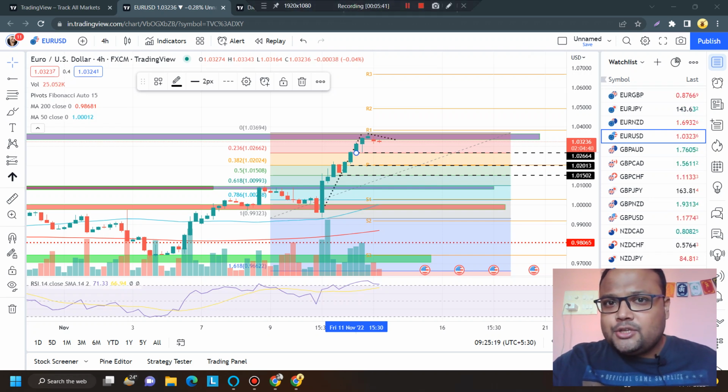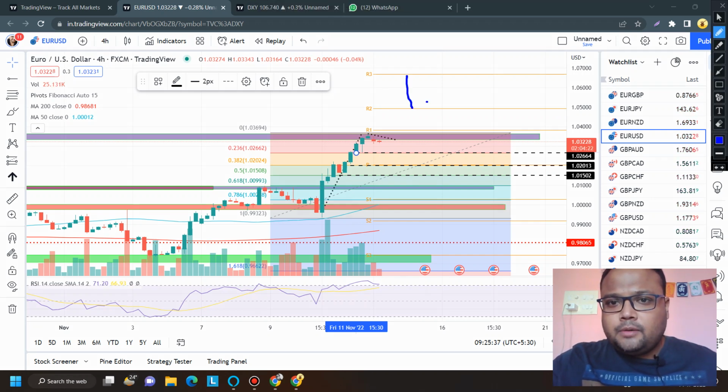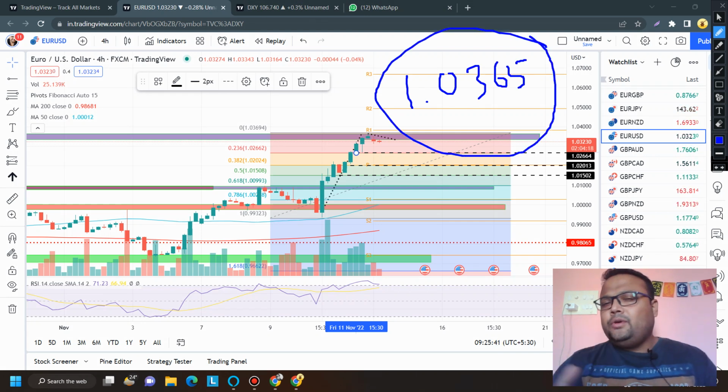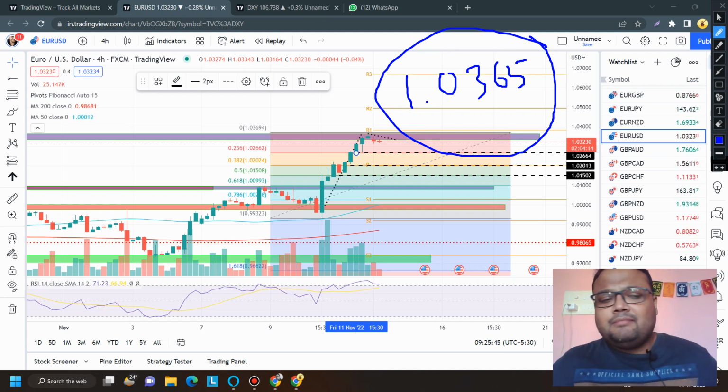And in case the market shows a breakout, if the market breaks this level, you can go for a buy, but be careful, because above 1.036 you need to be careful. We all know very well that stop loss hunting and false breakouts are bitter realities, the dark side of the market.